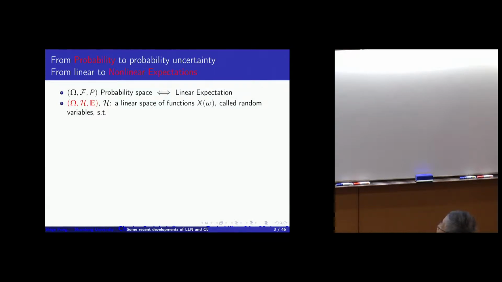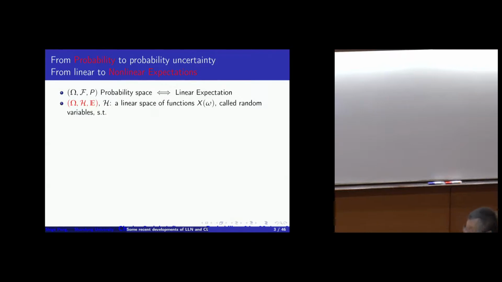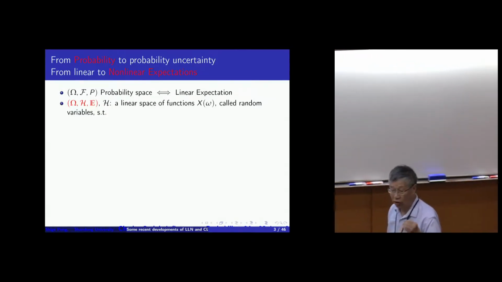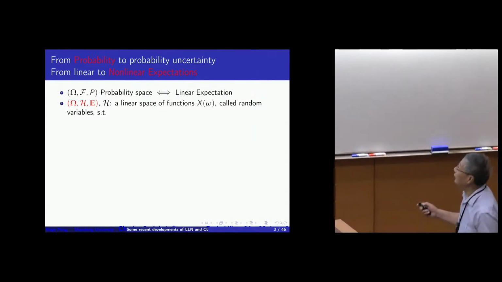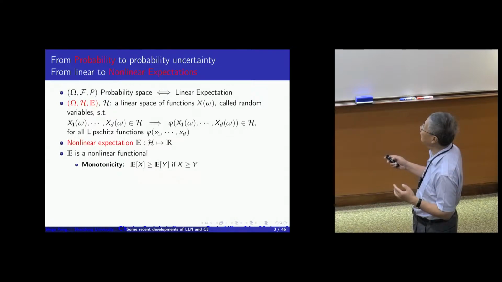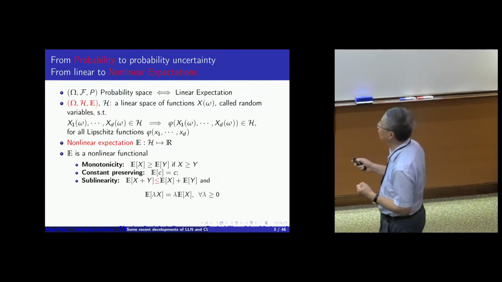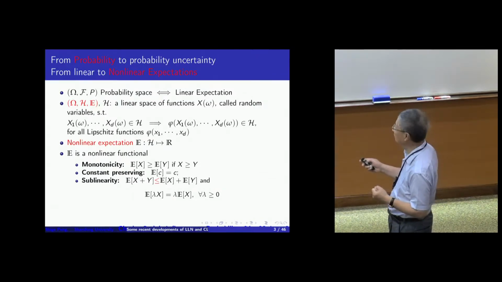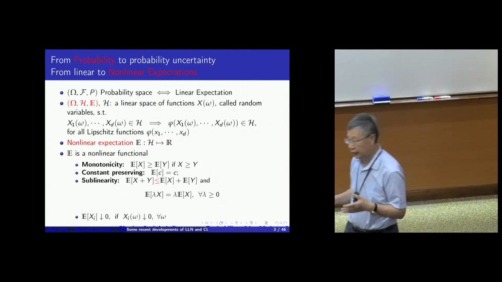But we can treat it differently: we first have a sublinear or even nonlinear expectation defined on this space, where omega is the same as before, but we directly treat H as the space of random functions, functions of omega. The sublinear expectation we have just has monotonicity, constant preserving, and sublinearity, and in many cases we need downward continuity.